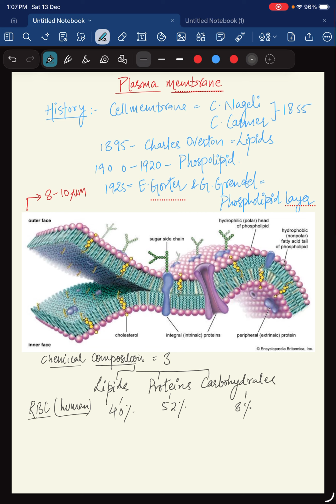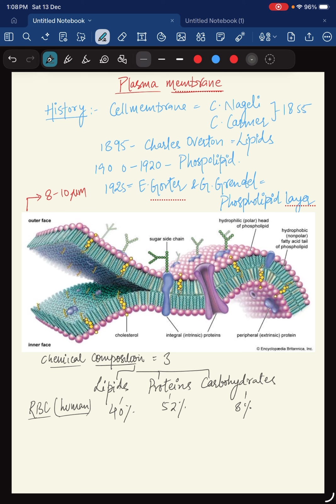Then here the hydrophilic and hydrophobic parts of the layer are shown. The hydrophilic means water loving, means the heads of phospholipids are present on the outer side of the membrane, and the hydrophobic, water fearing fatty acid tails of phospholipids are embedded inside the membrane.